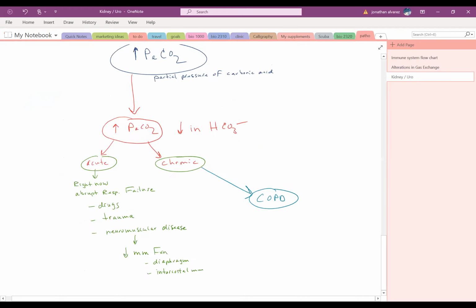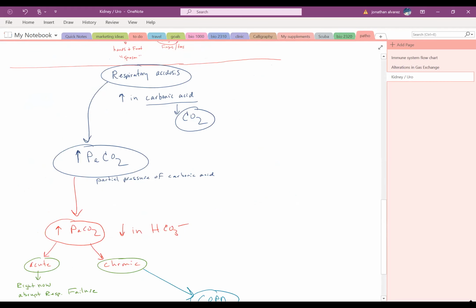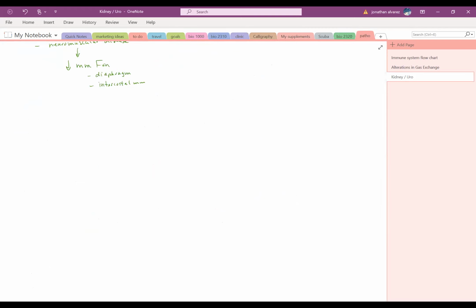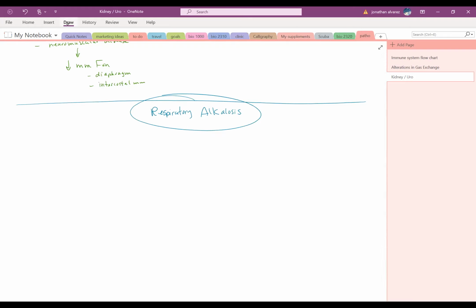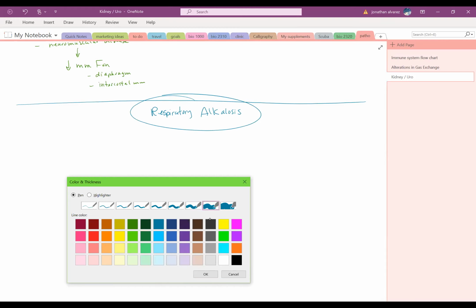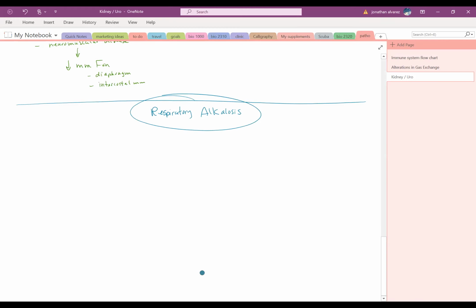So if we have a respiratory acidosis, we have to have a respiratory alkalosis. This would be a decrease in CO2, right?